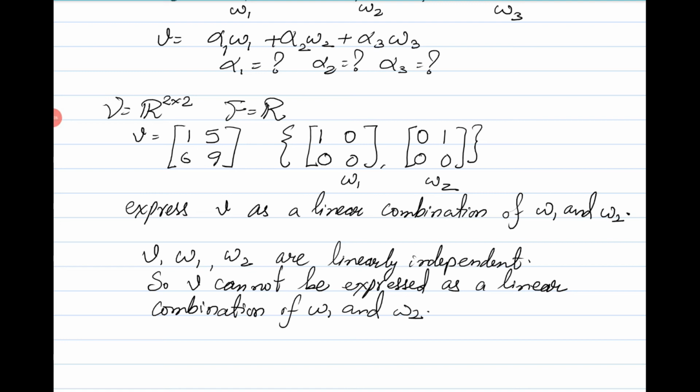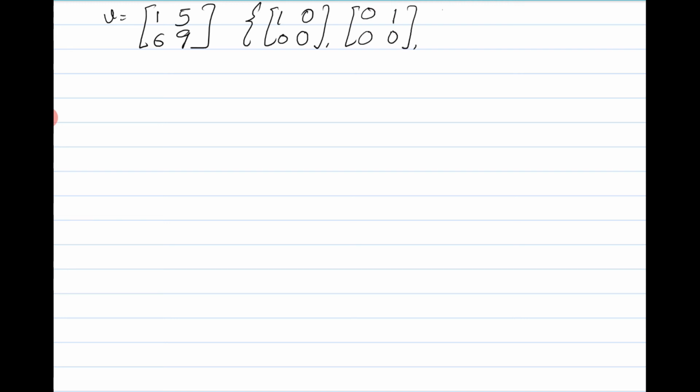Now what if for the same V we had taken V equal to 1, 5, 6, 9, and let's say that the set of vectors is 1, 0, 0, 0, and 0, 1, 0, 0, and 0, 0, 1, 0, and 0, 0, 0, 1.